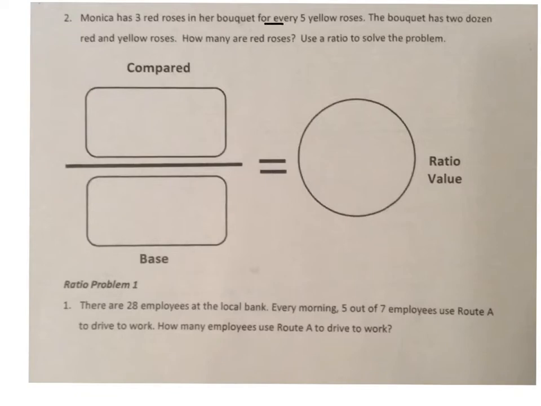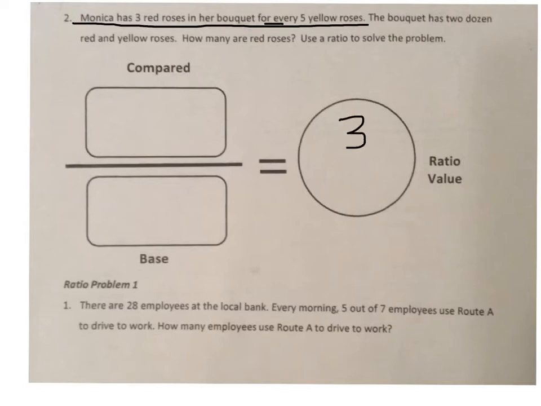So I'm on step 2. This is the I, which is where we identify the important information. We always want to underline the ratio statement. The ratio statement is right here: she has 3 red roses for every 5 yellow roses. And we are going to go ahead and put the information now in the diagram. So in our ratio statement, we have a ratio directly given, 3 red for every 5 yellow.